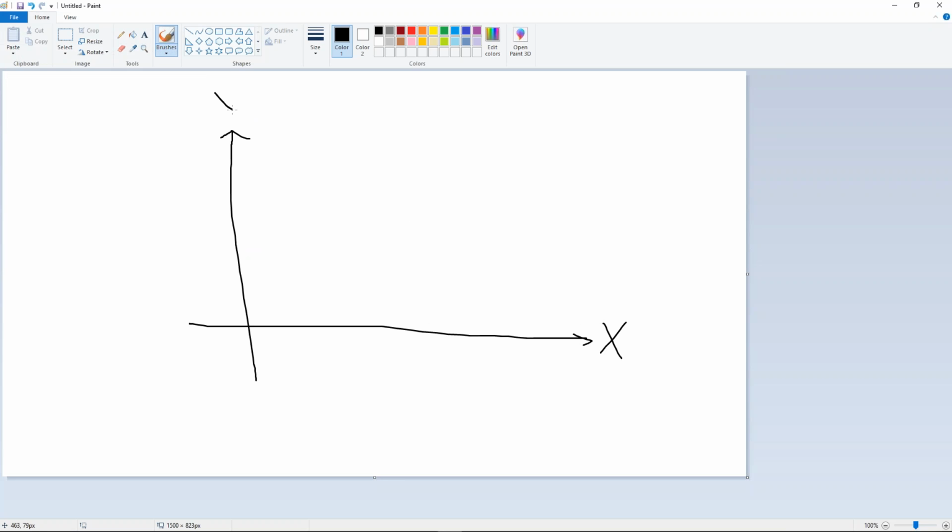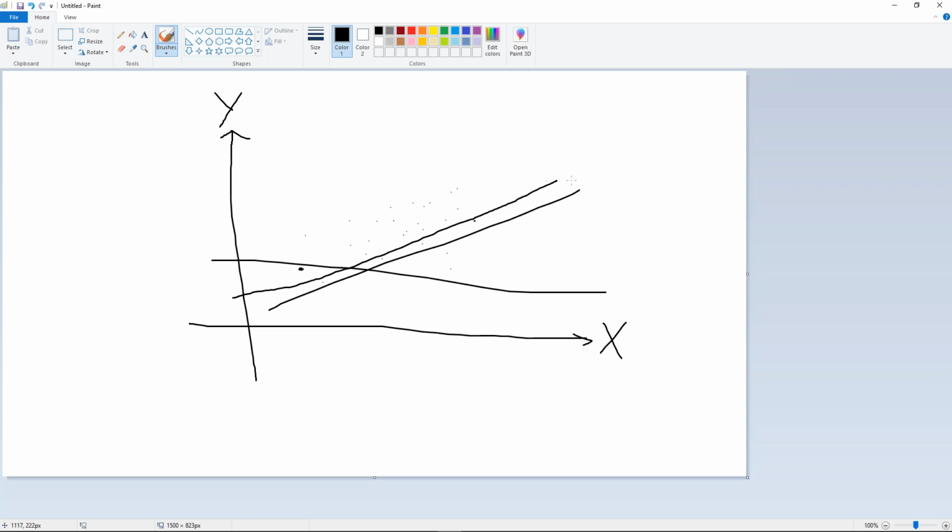So if we use this x_i and y_i, that's essentially just 1 point, 1 observation, and now you have multiple points. The question becomes which would be the best fitted linear line for these observations, right? So you could fit a line like this, you could fit a line like that, and then you could fit a line like this. Then the question becomes which line is really the best? How do you evaluate which line fits all the points better, right?